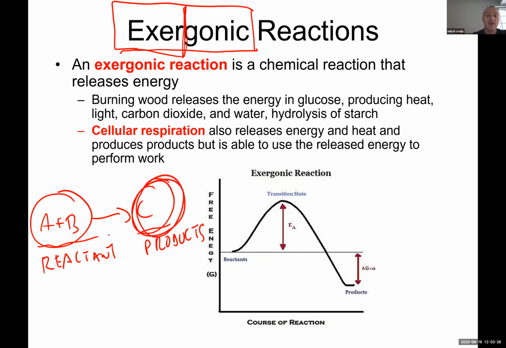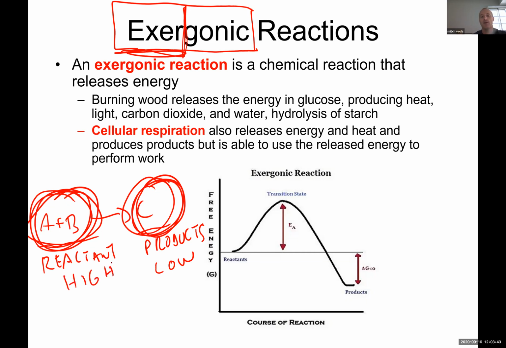Products have less energy for an exergonic reaction because these reactants have high energy. While they react, products lose energy. So products are low and reactants are high in energy.